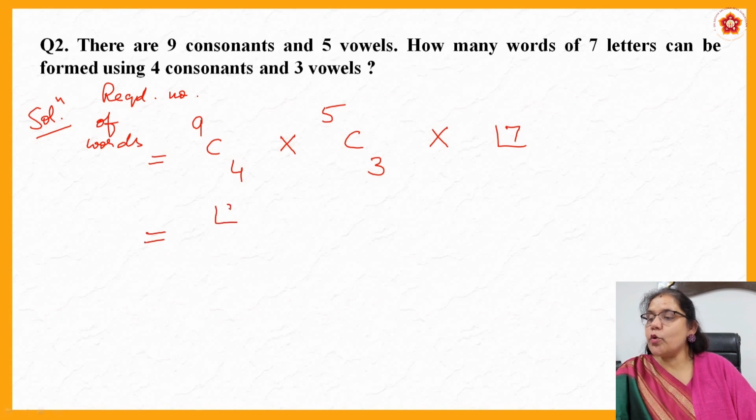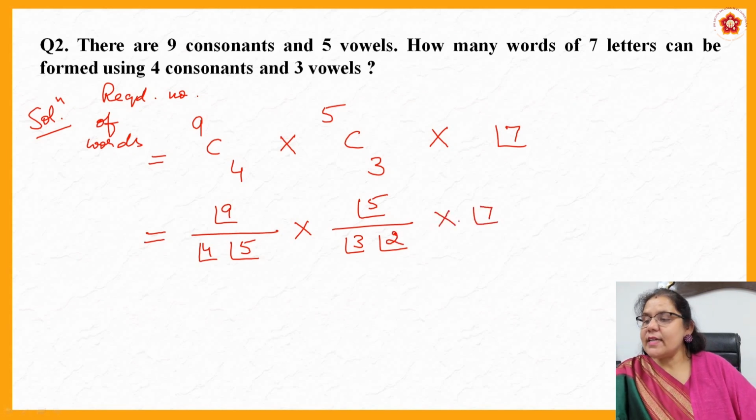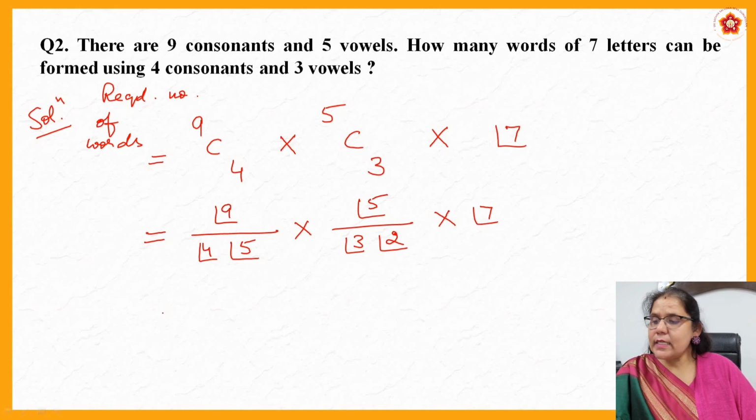So this will be factorial 9 upon factorial 4. And what is 9 minus 4? 9 minus 4 is 5. Here it will be factorial 5 upon factorial 3, and 5 minus 3 is 2. And here we have factorial 7. Now solve this and see what answer do you get. So 9 into 8 into 7 into 6 into factorial 5.